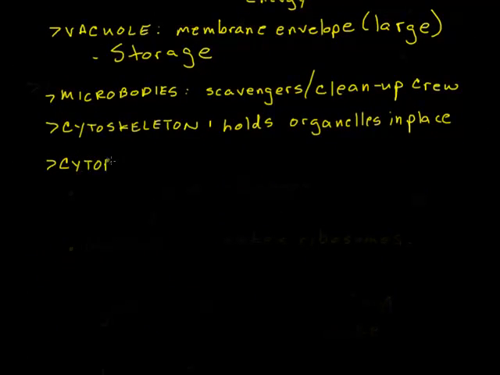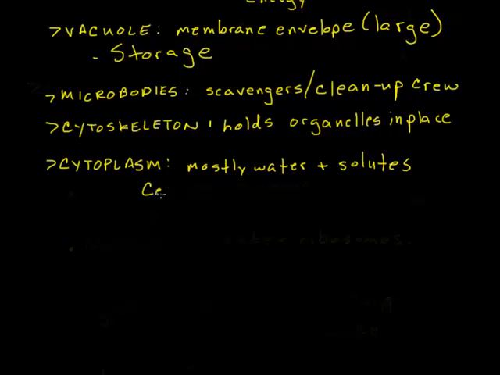And it's mostly water, and various solutes, which means things dissolved in the water. Cytoplasm is often referred to as the cell sap. If you were to pierce this cell, it would come oozing out of the cell.